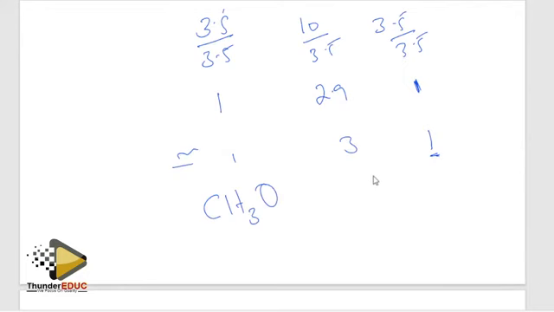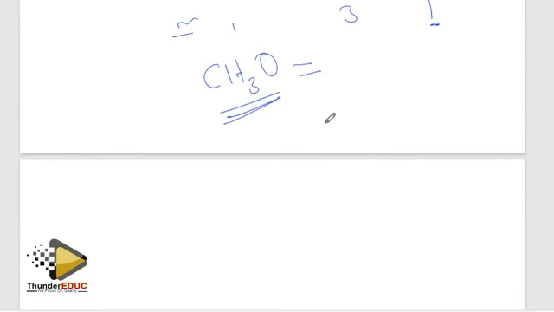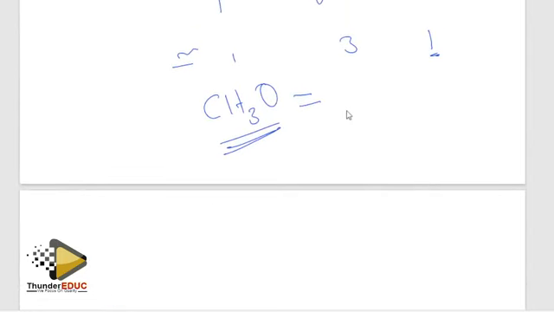So that's done. That is the empirical formula of that structure. But if they ask you the molecular formula, then you have to equate it to the molecular mass. They give you the molecular mass as 200, so you say 200 is equal to 200. Then you put the empirical formula in a bracket and say maybe X or n, whatever you put.